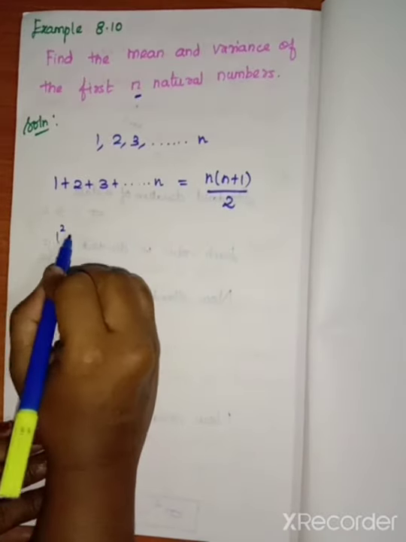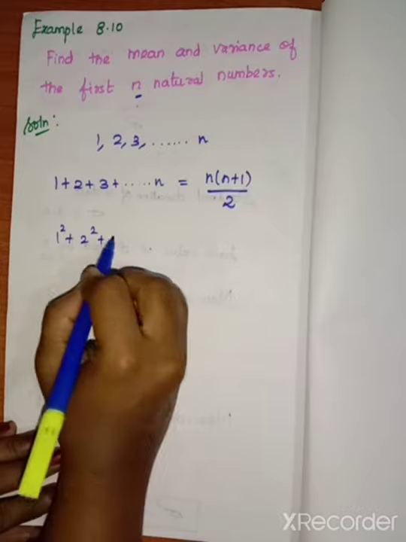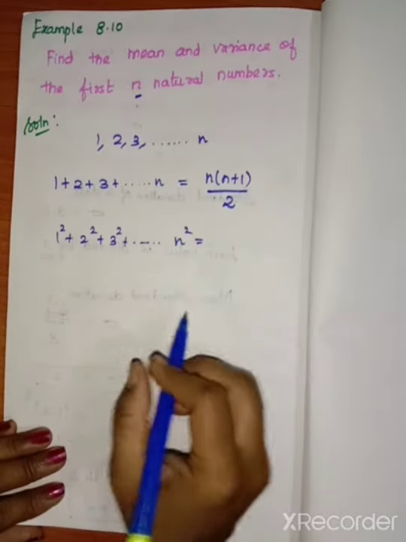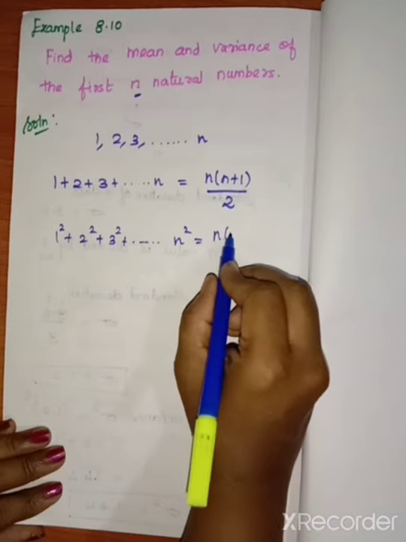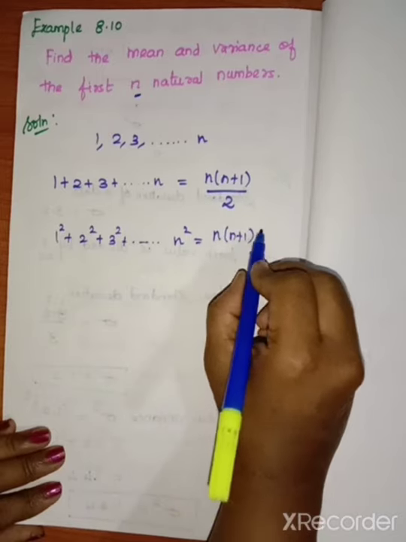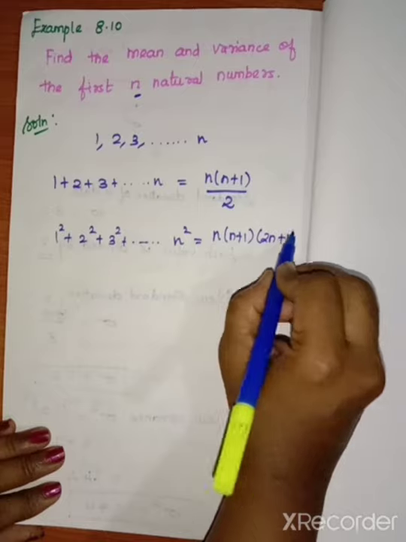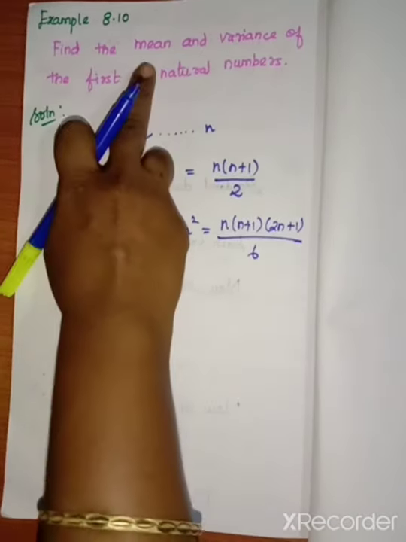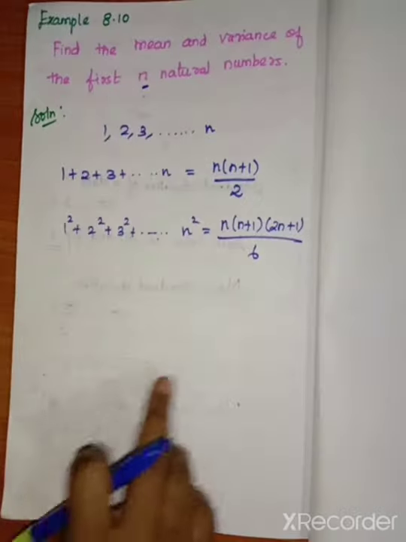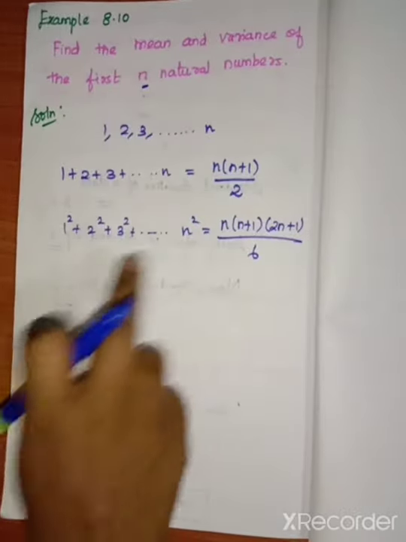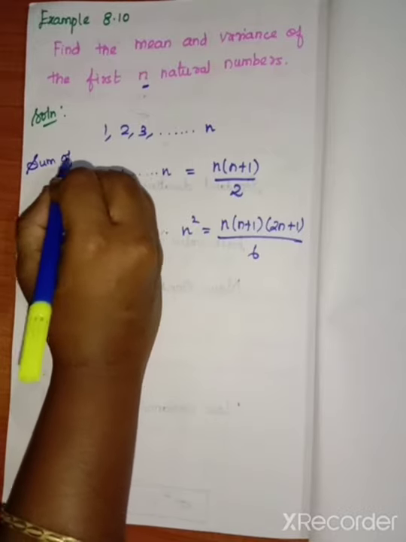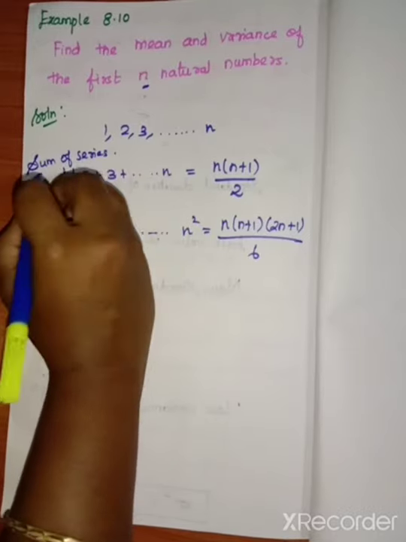Likewise, 1 square plus 2 square plus 3 square etc. up to n squared is n into n plus 1 into 2n plus 1 divided by 6. Because we want to find the mean and variance, we have to use these formulas. This is the sum of series from the second unit.